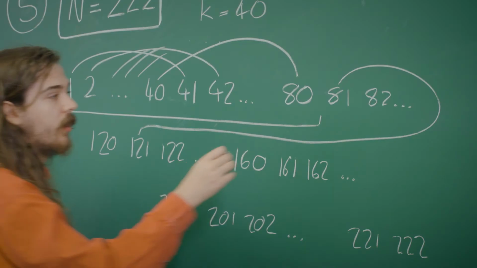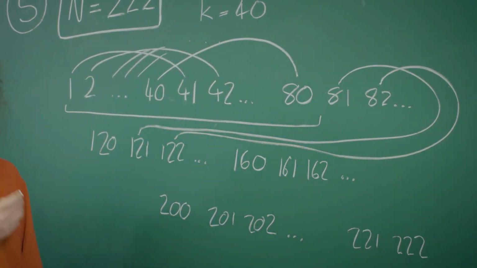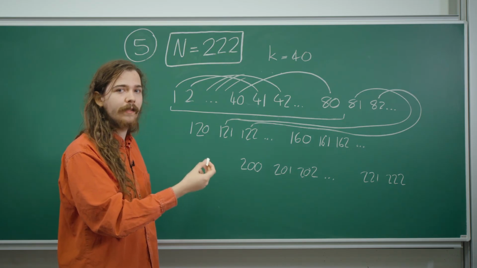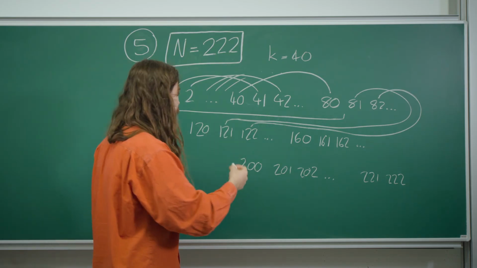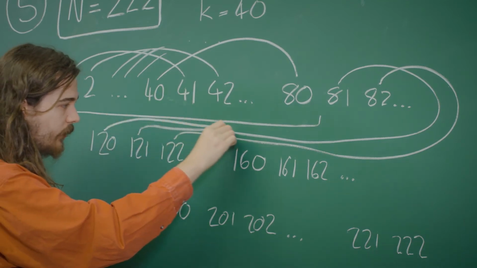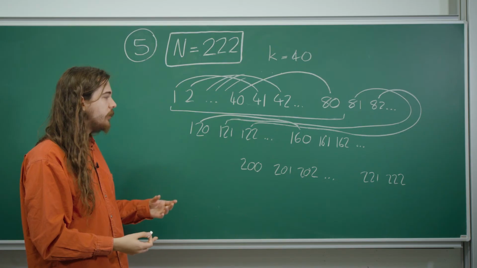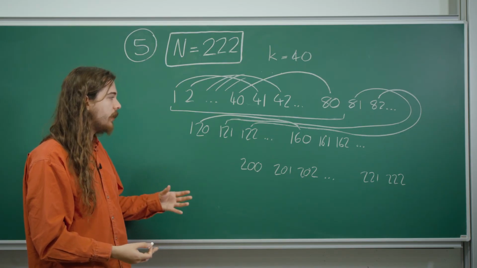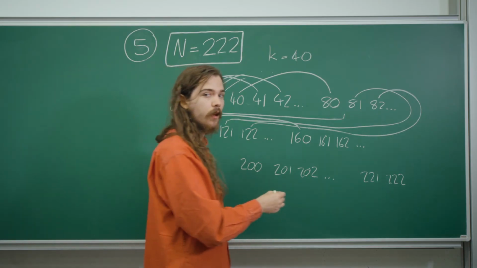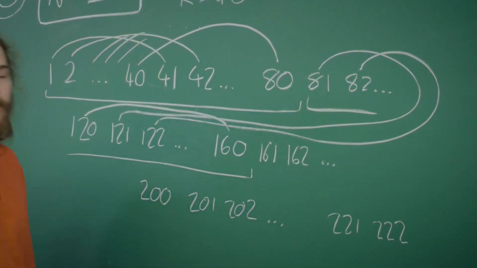Similarly, 82 is going to have to be paired with 122, because everything smaller than 82 has already been paired up. And this pattern continues until we get to 120, which has to be paired with 160. You may be able to see where this is going. We have now paired everything up between 81 and 160.